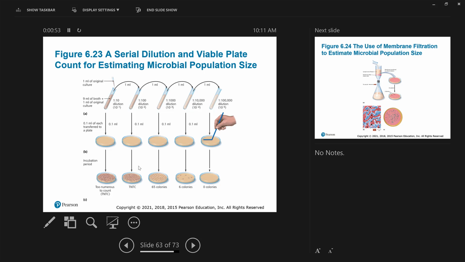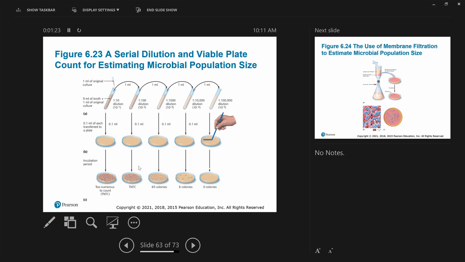We want to find out how many microbes, how many cells or colony forming units. Colony forming units are cells, because if you let them incubate, they will develop into colonies on a plate. So you want to know how many cells or colony forming units are in an undiluted sample.